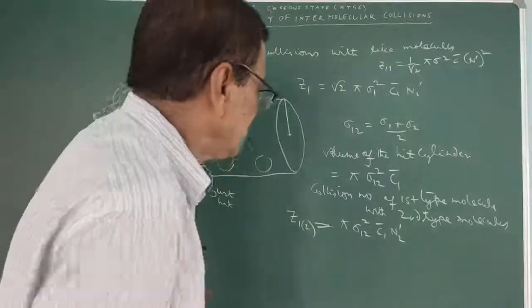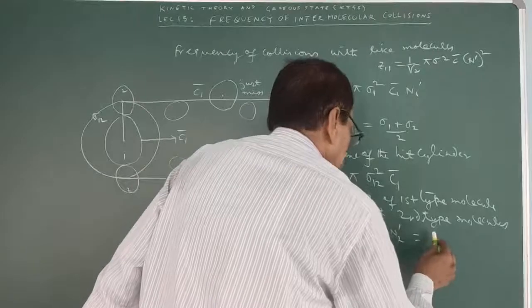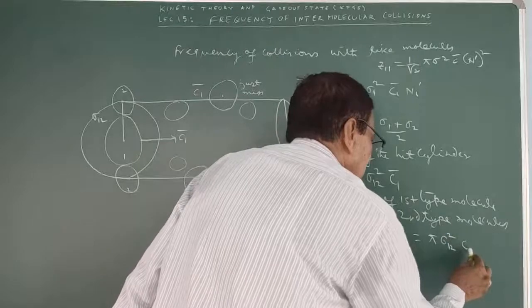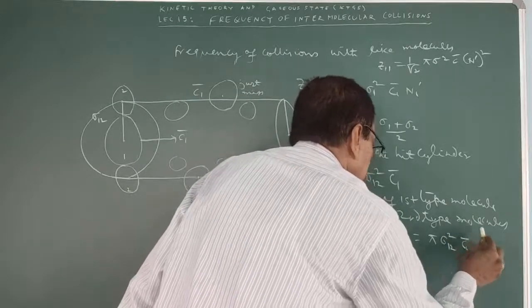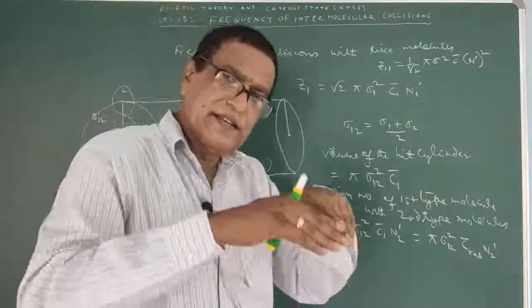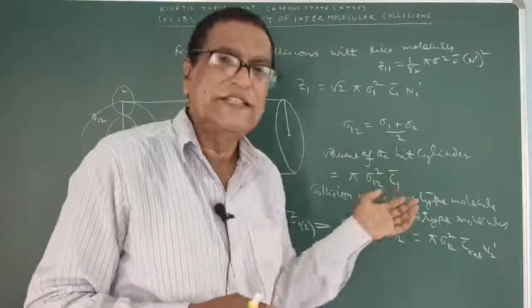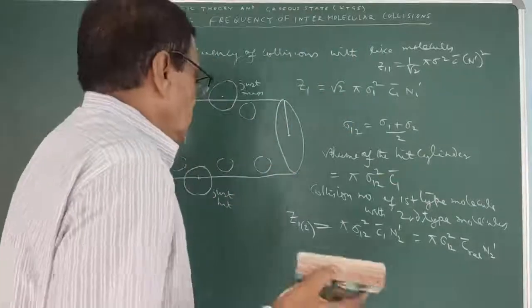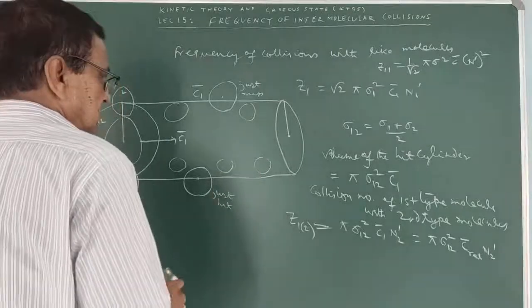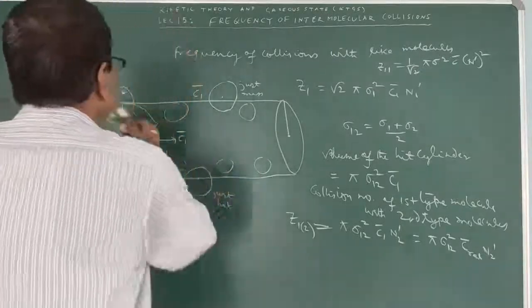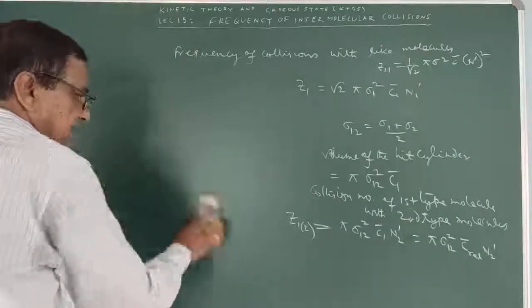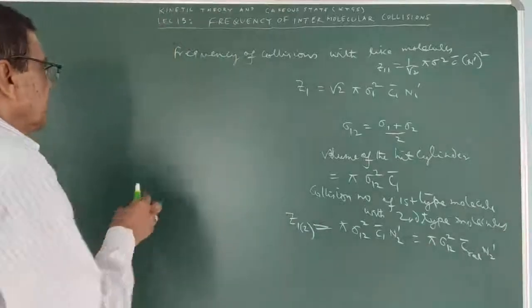As earlier, this will be pi sigma 1 2 square C relative bar N2 dash. C1 bar is replaced by C relative bar. So in this case, how would you get this C relative bar?